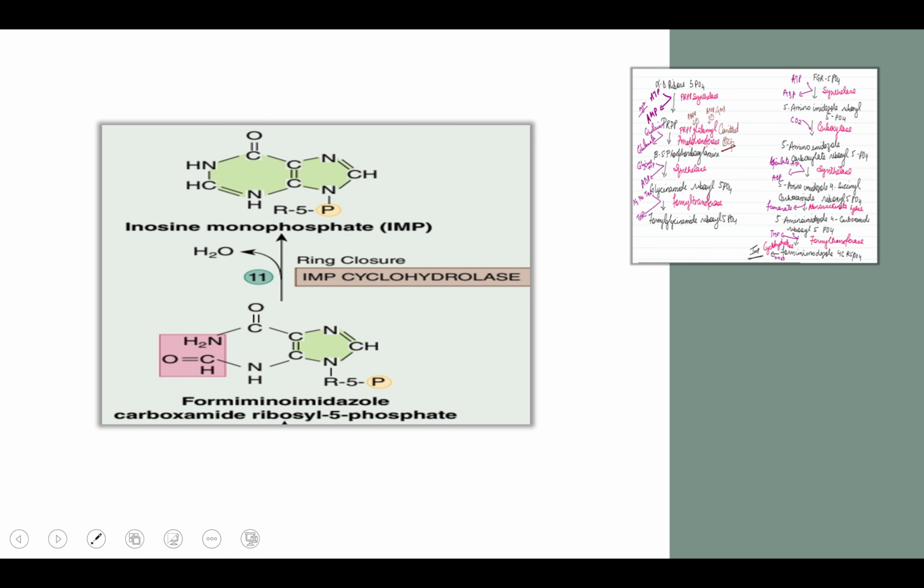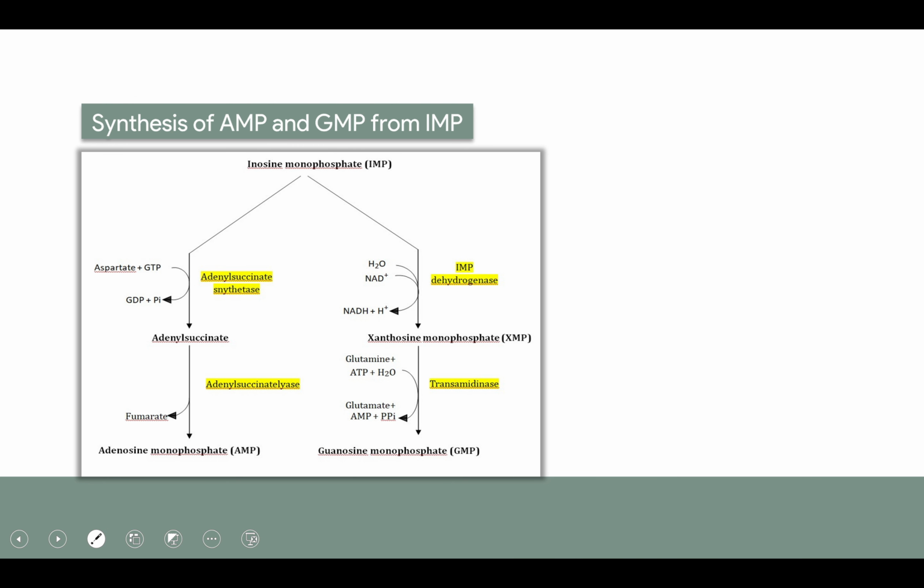Now we're looking at the formation of other monophosphates. How IMP synthesizes AMP and GMP. Now look at the slide here. IMP, in the presence of the enzyme adenylosuccinate synthetase, forms adenylosuccinate. This adenylosuccinate, in the presence of the enzyme adenylosuccinate lyase, forms adenosine monophosphate, releasing one molecule of fumarate.